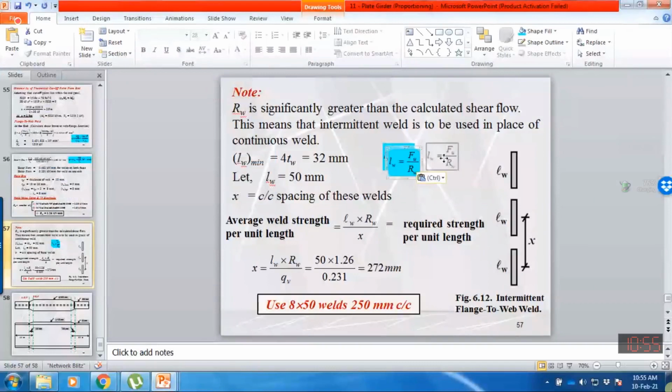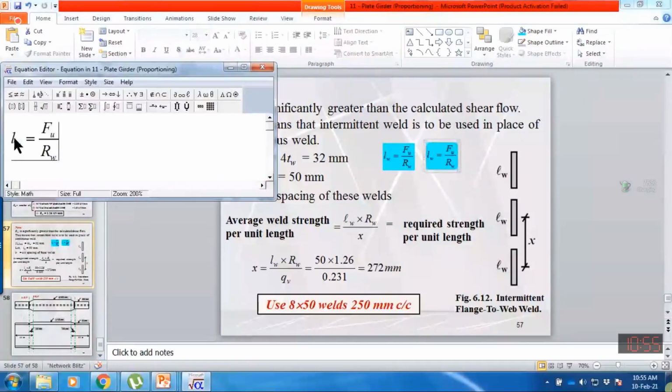We have shear flow. Shear flow is force acting per unit length. So if I divide the Fu by X value, any unknown value, then this value will be equal to shear flow, and the units will be in kilonewton per meter.